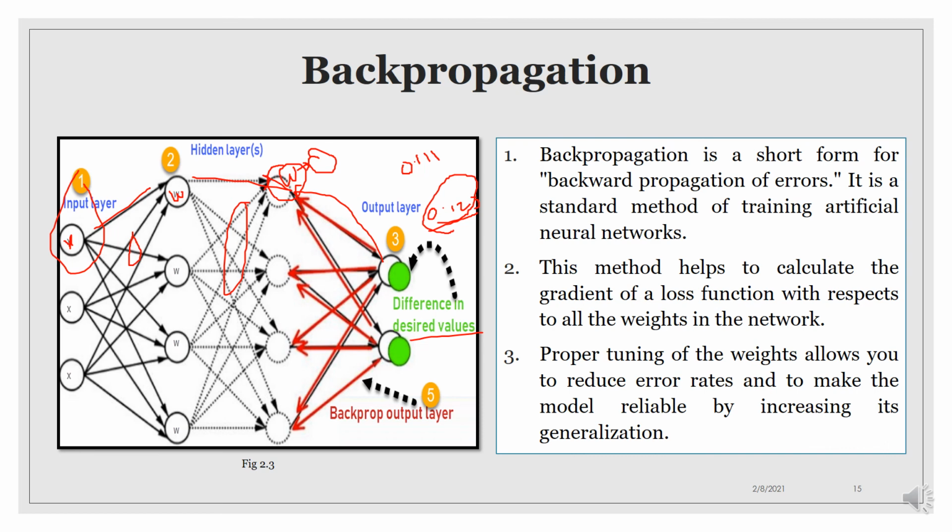This is the advantage of back propagation in the feed forward neural network, or in the neural network in general. You can go back, resolve your error, and come back with the exact output that you expected.